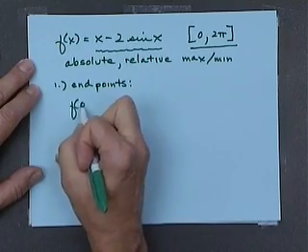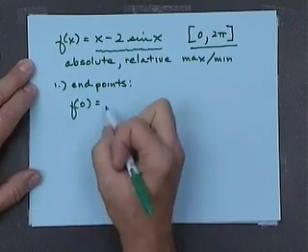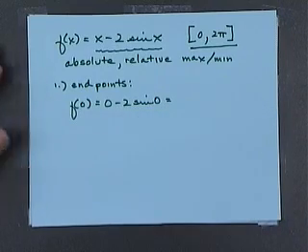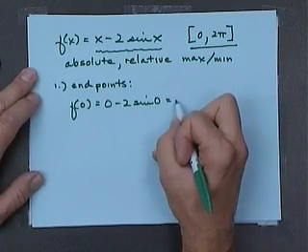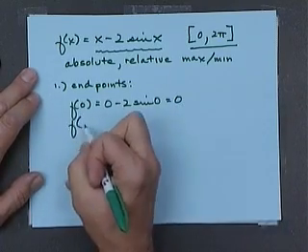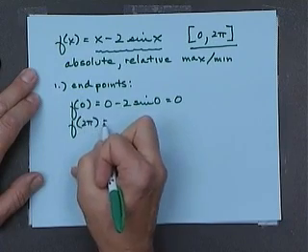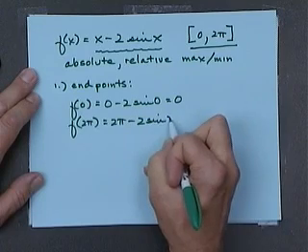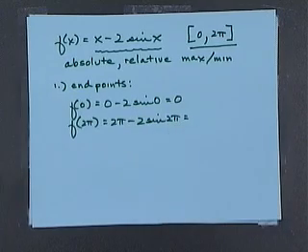So we need the f of 0. What do we get for the f of 0? 0? And what is the f of 2 pi?